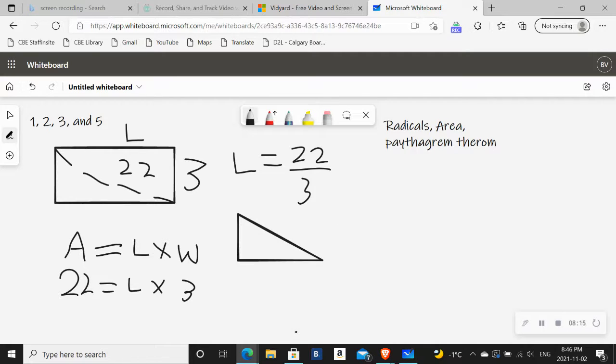So we know that Pythag is a squared plus b squared equals c squared.